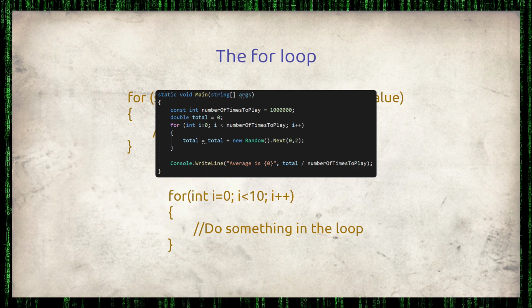Now what this little program must do is take 1,000,000 coin tosses, let's say. It must choose 1,000,000 random numbers between 0 and 1, and see what the average of all those numbers is.